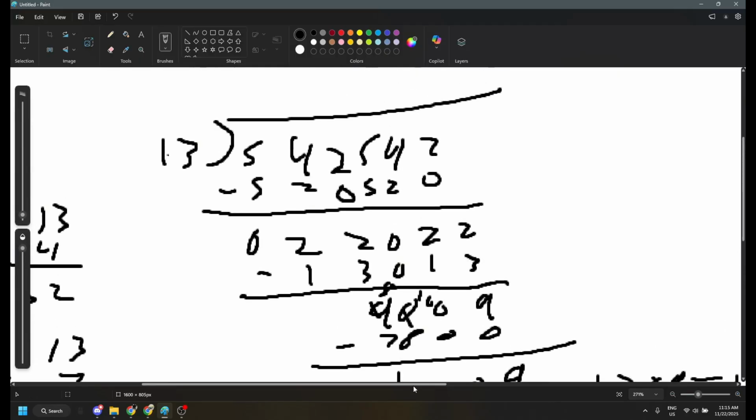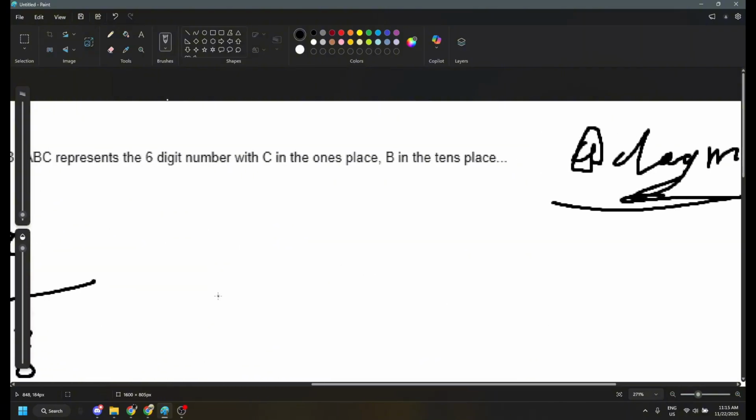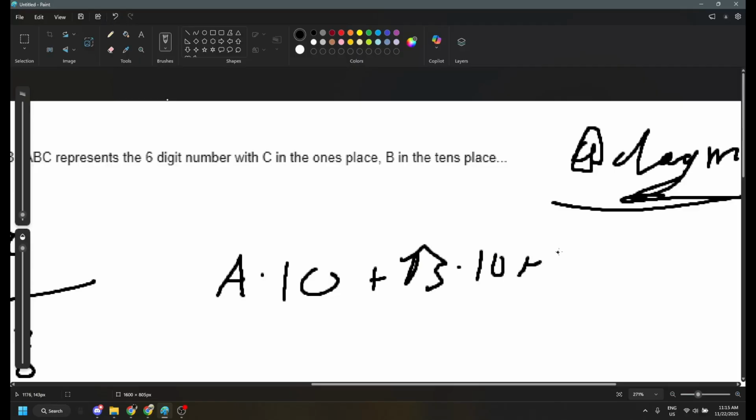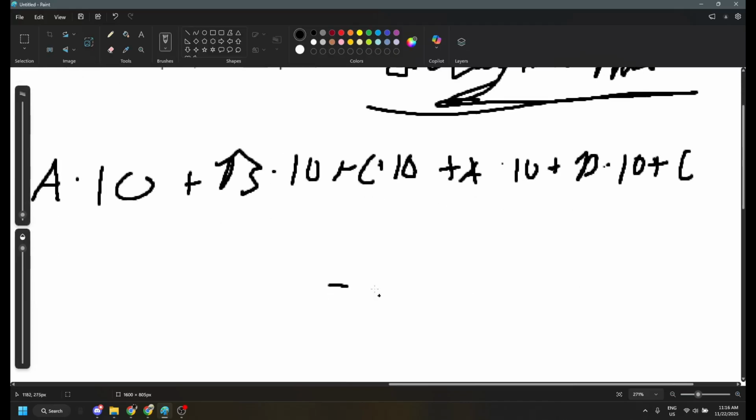So why don't we just do a general representation? ABCABC is equal to A times 10 plus B times 10 plus C times 10 and so on. I'm not going to put the powers in yet because I want to figure that out later. This is going to be 10 to the 1, 10 to the 2, 10 to the 3, 10 to the 4, 10 to the 5.